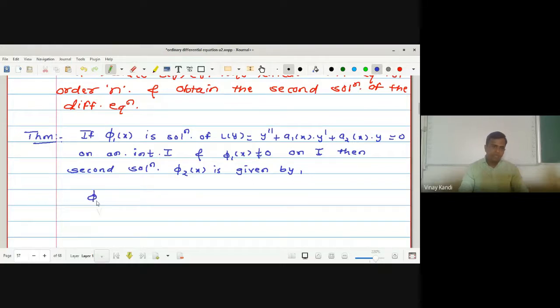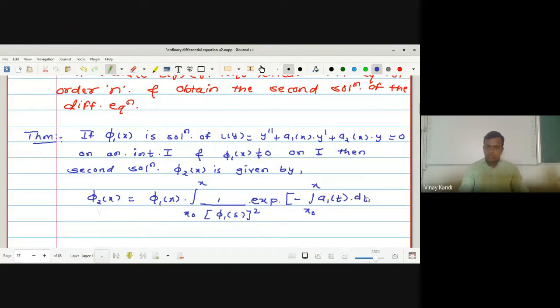look at here, phi 2 of x is equal to phi 1 of x into the integral from x naught to x of 1 upon the bracket phi 1 of s, bracket squared, into exponential of, exponential means e raised to the power, minus the integral from x naught to s of a1 of t dt, the whole bracket, ds.